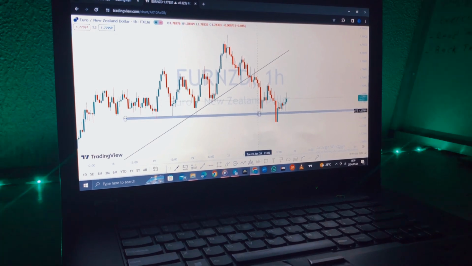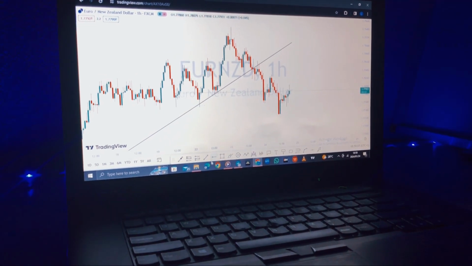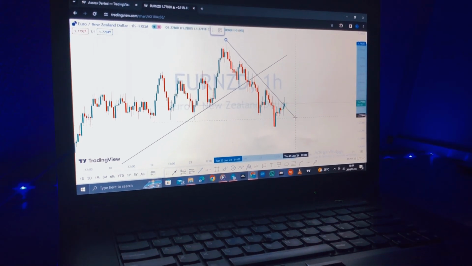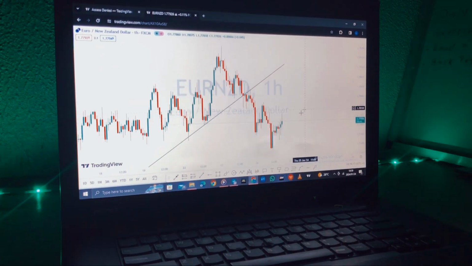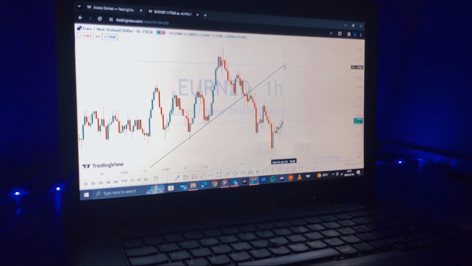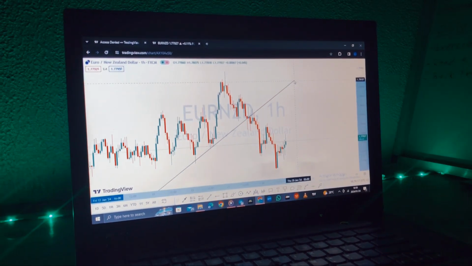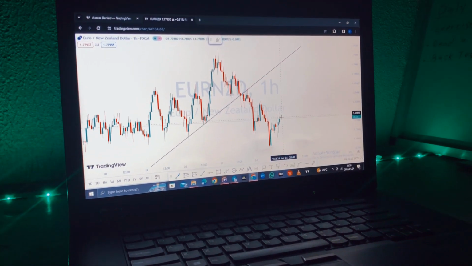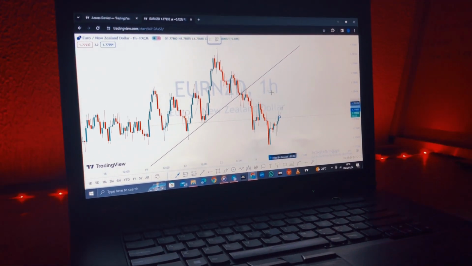Let me just remove everything here, since it's not looking as clean as we want it to look, right? So what I would do, guys, in cases like this, is extend my trend line just like that, and just wait for price to play around and see what's going to happen here.